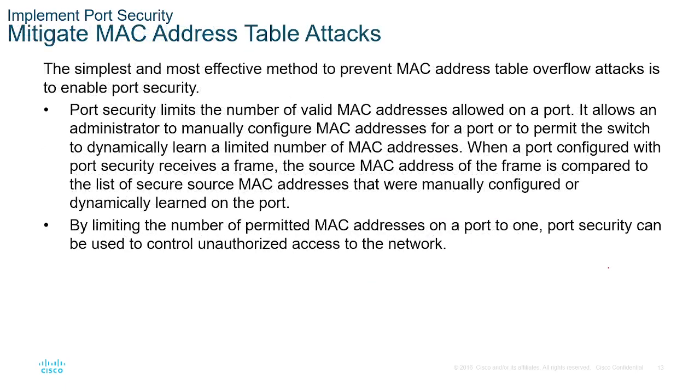Now, to mitigate MAC address table attacks, the simplest and most effective method to prevent a MAC address table overflow attack is to enable port security. Port security limits the number of valid MAC addresses allowed on a port, and it allows the administrator to manually configure MAC addresses for a port, or to permit the switch to dynamically learn a limited number of MAC addresses.